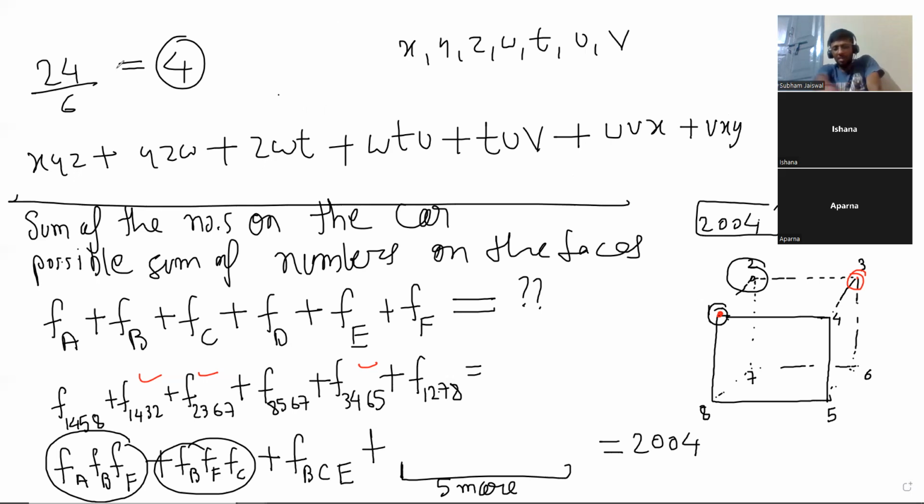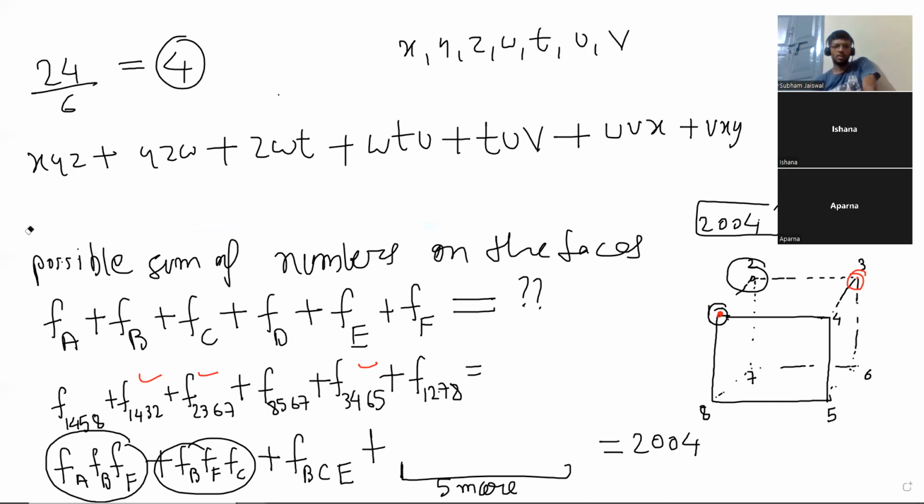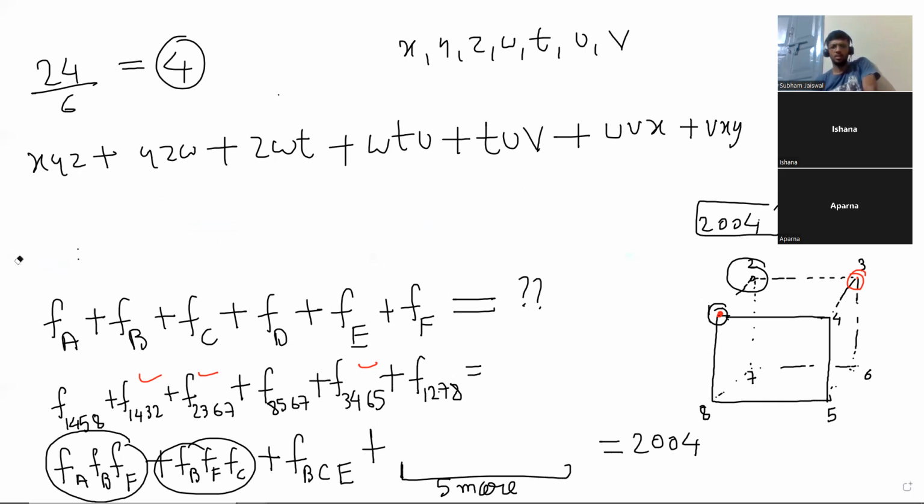Then you have to write this big expression and then you have to think. Now let us see what Aparna was saying, if using that we can simplify something. This one doesn't seem to work.